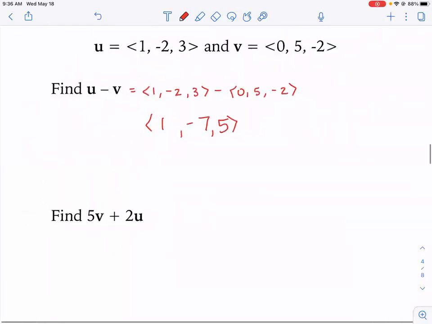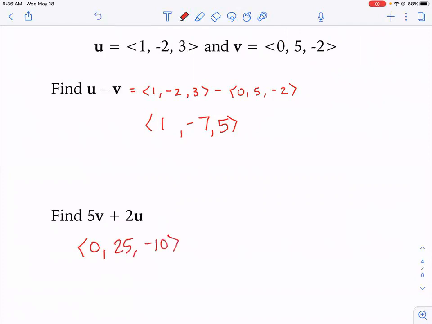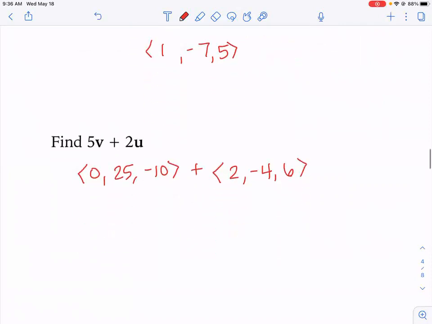So 5v, I'm going to write as 0, 25, negative 10. 2u, I'm going to write as 2, negative 4, 6. And so now we can add them together to get 2, 21, negative 4.